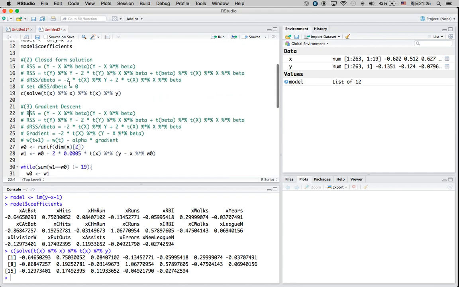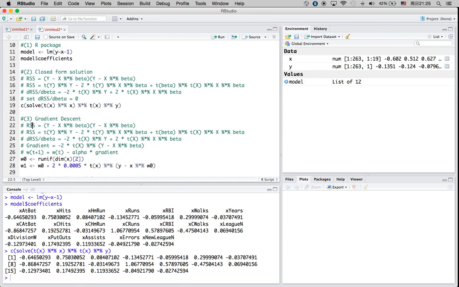Here again, we start with the residual sum of squares, and then we expand the multiplication. Up to here it is still the same, and then we take the derivative of the residual sum of squares with respect to beta.